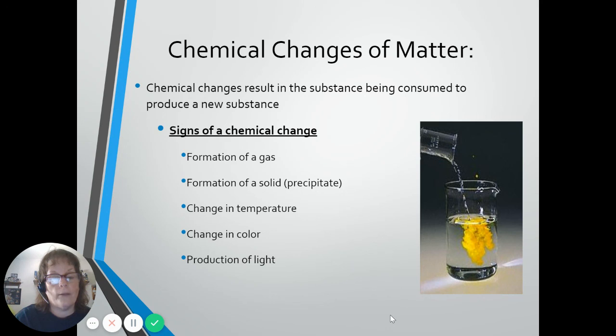That means if you have a solution and you start seeing chunks of something form in it, those chunks are the precipitate. A change in temperature. A change in color. We said color was a physical property, but if it changes color, that's a chemical change. Producing light, that means it's giving off energy. So that's a chemical change.